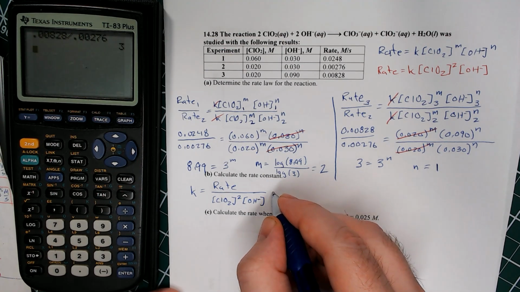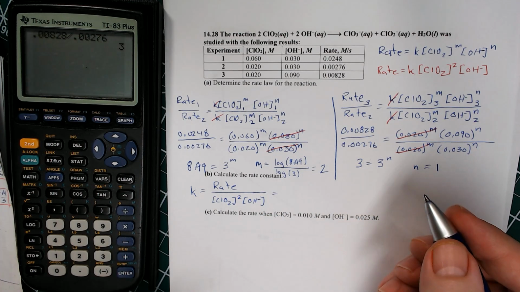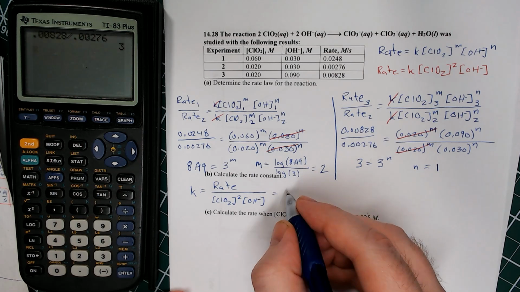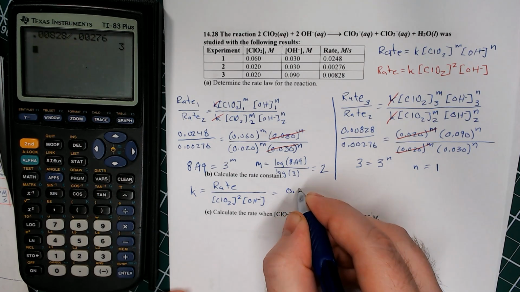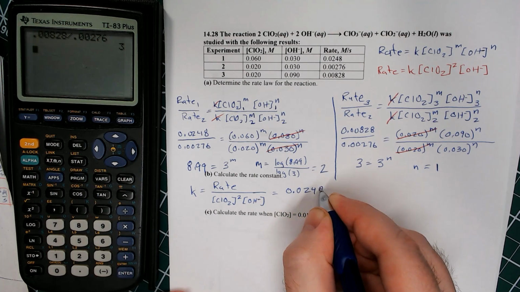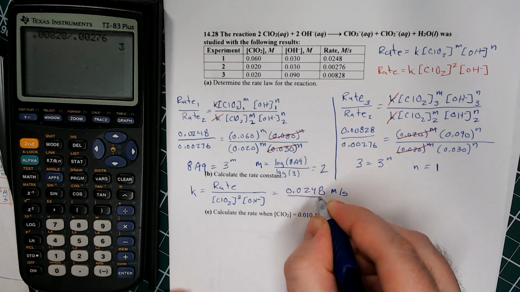Okay, so we'll put in the values. Again, we can pick any of the experiments. I'm just going to pick experiment 1, and I will put the units in. So 0.0248 molar per second. That's our rate.